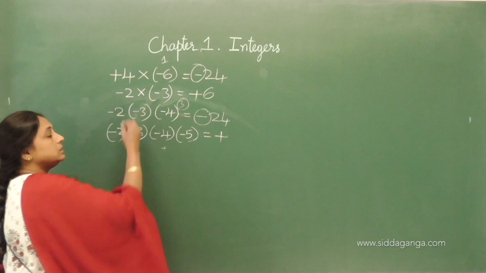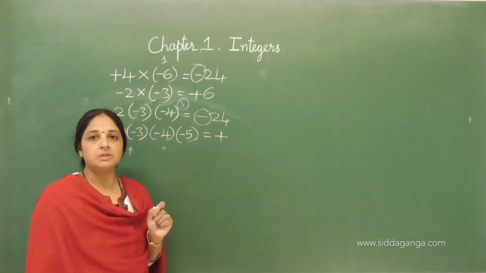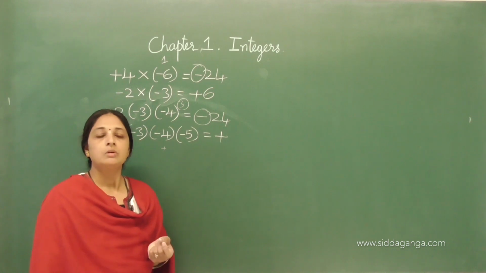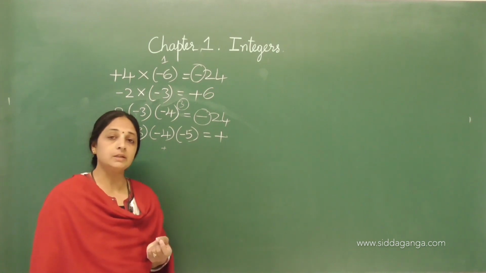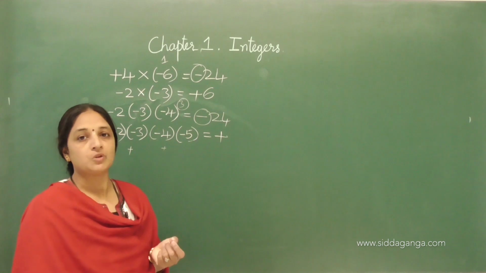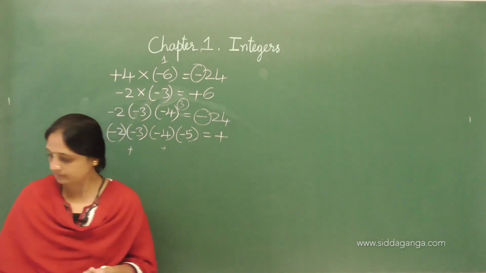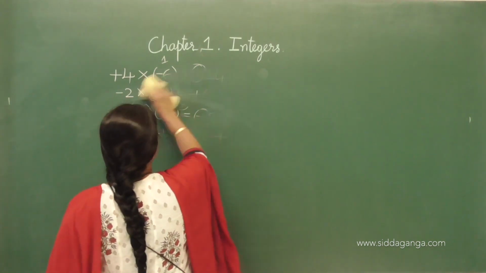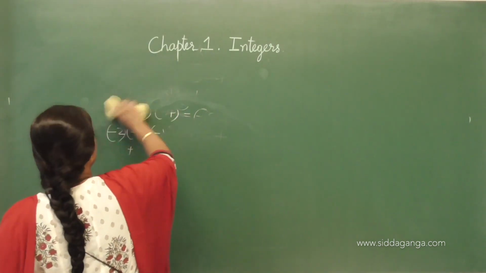And when we take even numbers of negative integers, two, 4, 6, 8, like that, we always get a positive integer only.